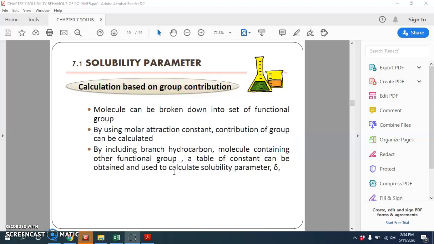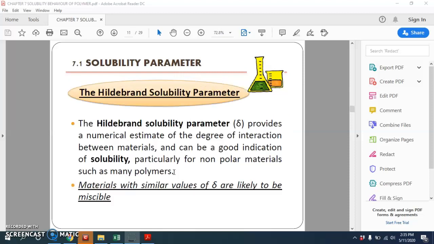The second one is the calculation based on group contribution. A molecule can be broken down into a set of functional groups. By using the molar attraction constant, the contribution of each group can be calculated. By including branched hydrocarbon molecules containing other functional groups, a table of constants can be obtained and used to calculate the solubility parameter.